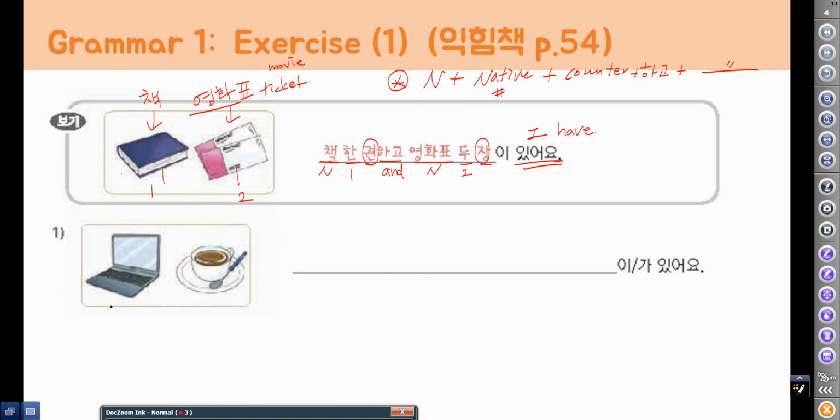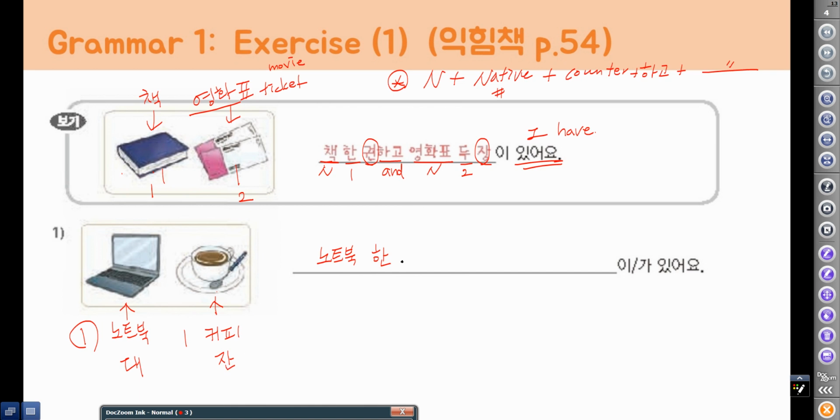So let's make a sentence. Here, laptop, what is it? Notebook. And then coffee. How many? 1 notebook, 1 coffee. So how do you say it? Notebook, number 한. Do you remember the counter for this? 대, and for a cup, 잔.